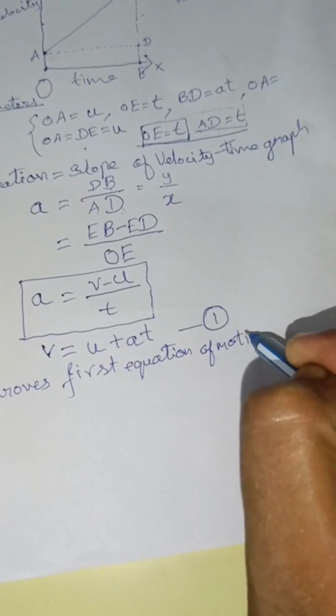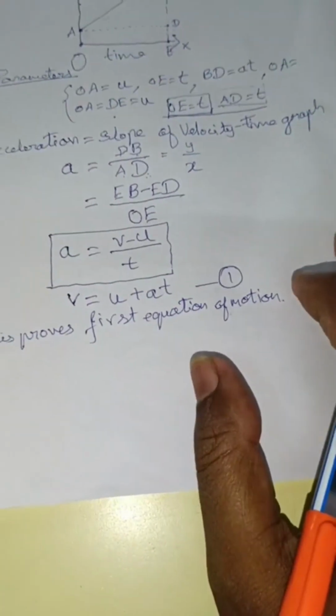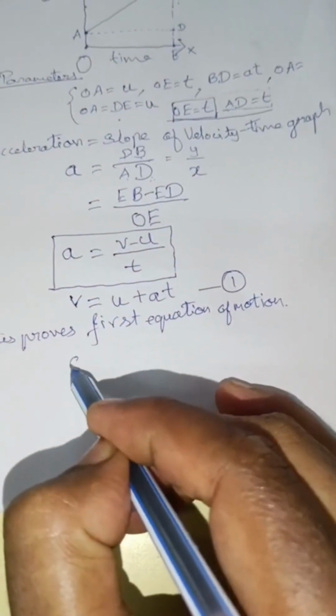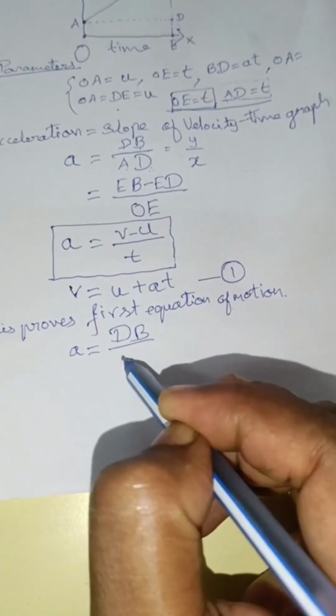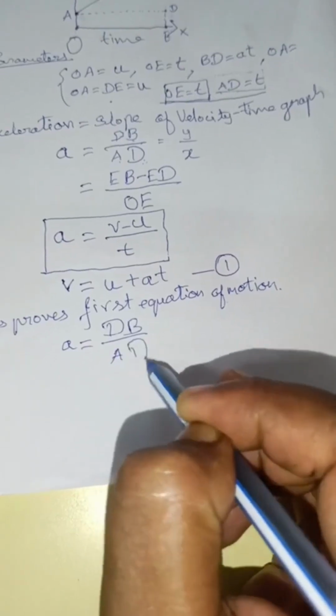Okay, so here we are very clear. Next we are also going to talk about A is equal to DB divided by AD.